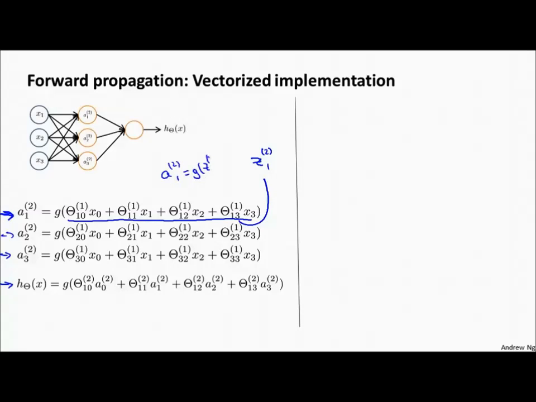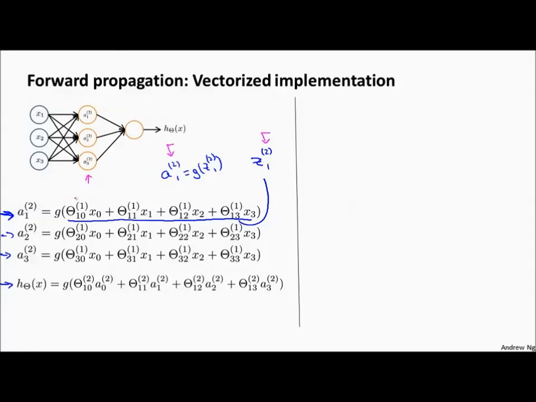And by the way, this superscript 2 in parentheses means that z2 and a2 are values associated with layer 2, that is with the hidden layer in the neural network.